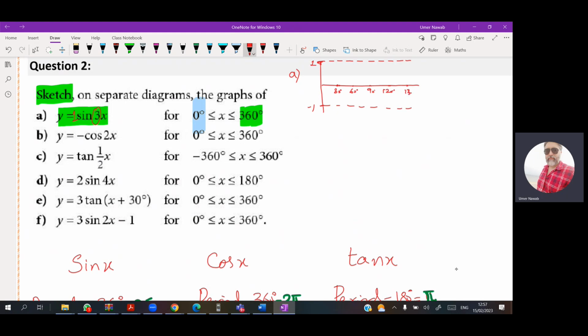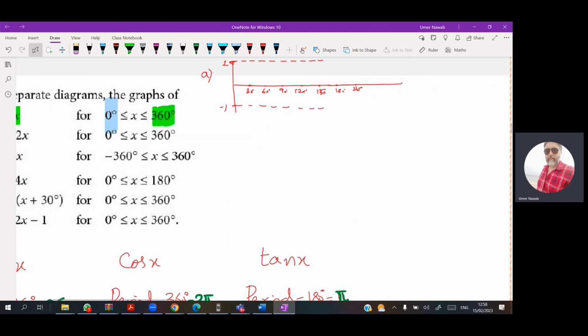Then I write 150, then 180, then 210, then 240, then 270. Carry on, 300, then 330, and then finally 360.